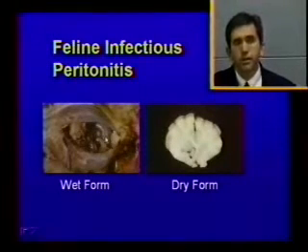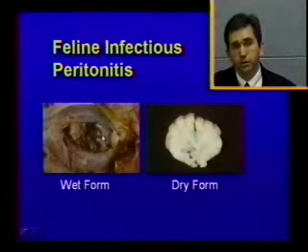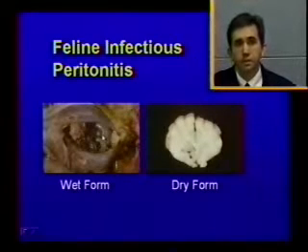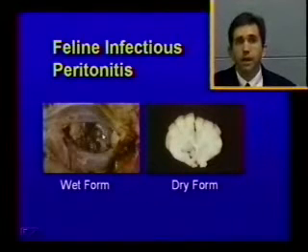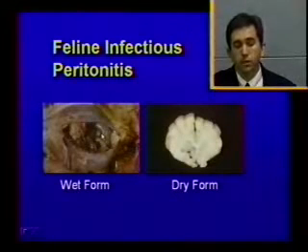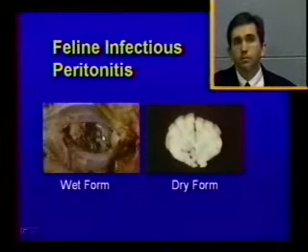And if we had seen this when it was first opened, we would have seen that it was full of fluid. This fluid is straw colored, in other words, it's tan. It is very viscous, in other words, sticky, and it may have some cells in it which would make it clouded. And this is the wet form of feline infectious peritonitis, and it affects the abdomen and the thorax.